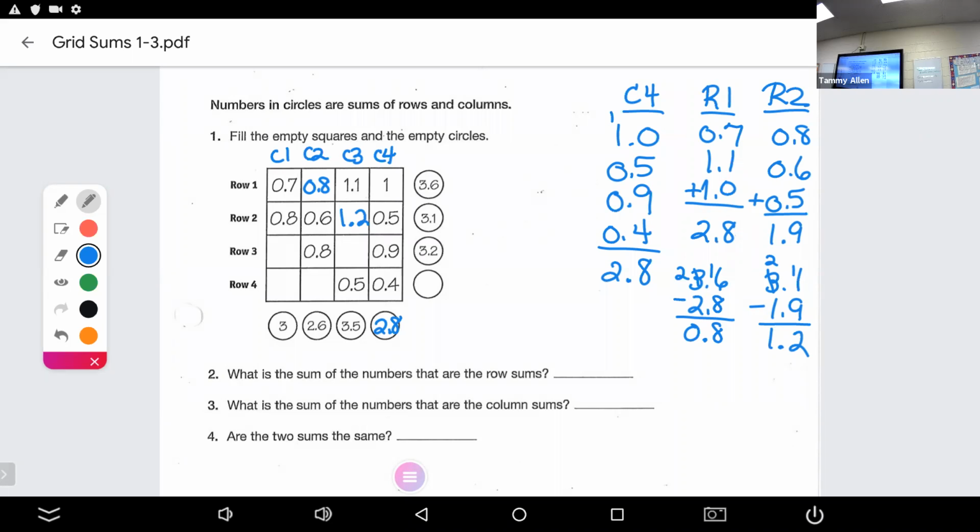Where should we go next? Column 3. I'm going to erase this. You guys can move on down. Does that make sense? Okay.